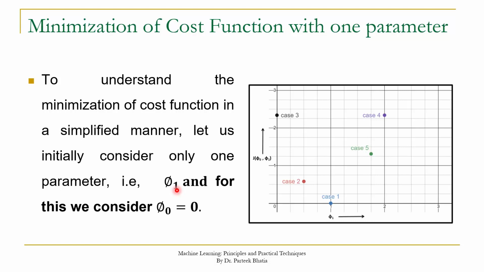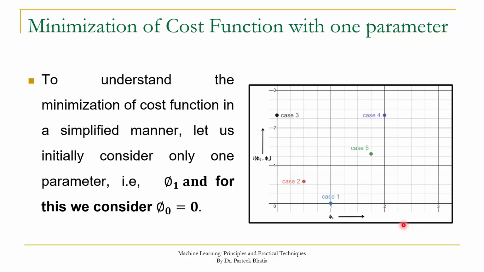So that's why we are going to start our discussion by fixing one parameter, that is constant, to 0. And we will vary only one parameter, that is slope. And by making the changes in slope, we will understand the behavior of cost function corresponding to these changes. You can see in this graph, on x-axis we have a parameter phi 1 that indicates the slope of line.